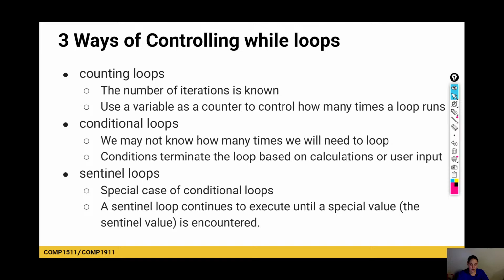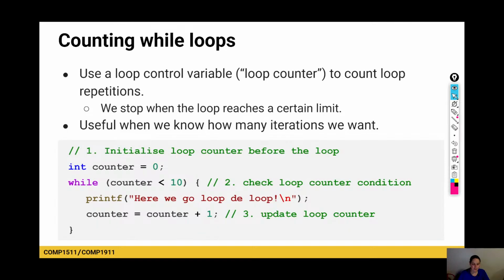Or I'm going to keep entering numbers, and as soon as I enter something that's not a number, that means stop. Or keep entering characters until you type in N for no, or Q for quit. We've got these sorts of values that can signal that the loop should stop. So we'll see these varieties. I'll show you some examples.